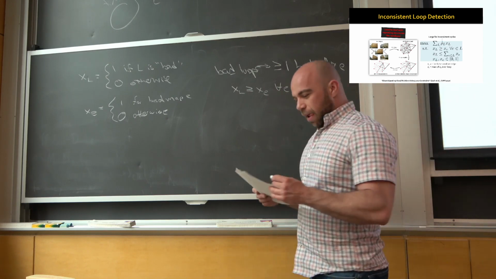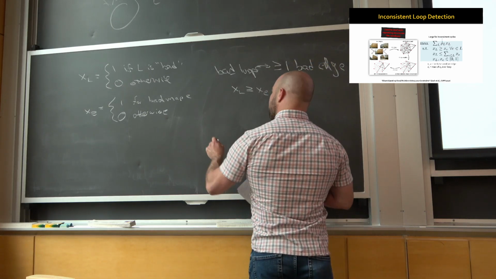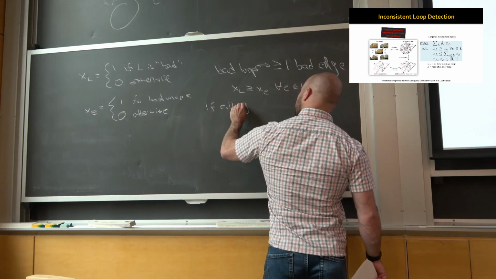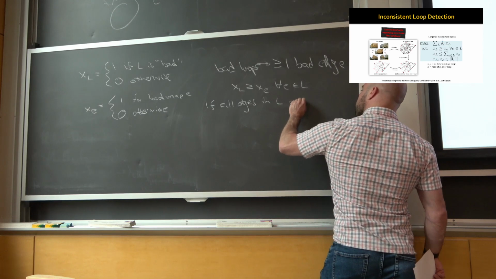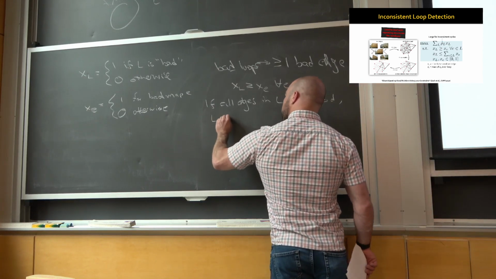Okay. Now, the next one's a little bit more annoying to articulate, which is if all the edges in the loop are good, then the loop is good.